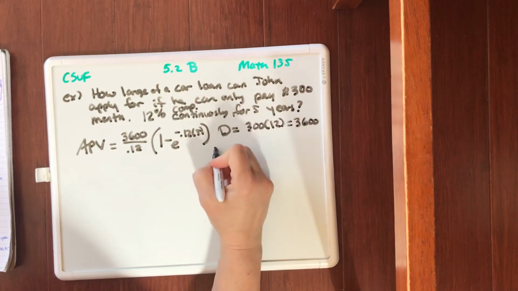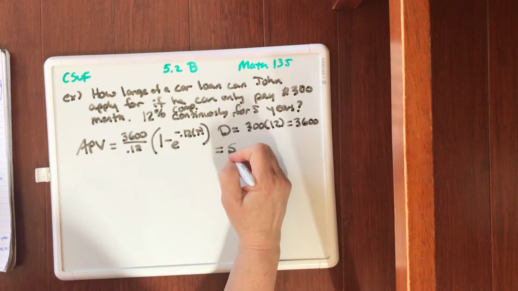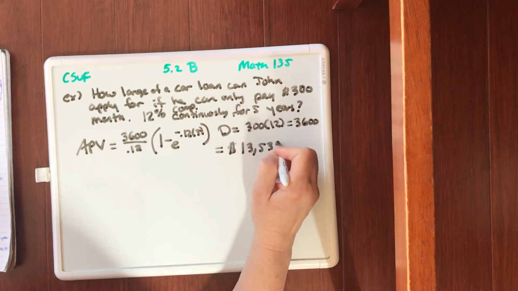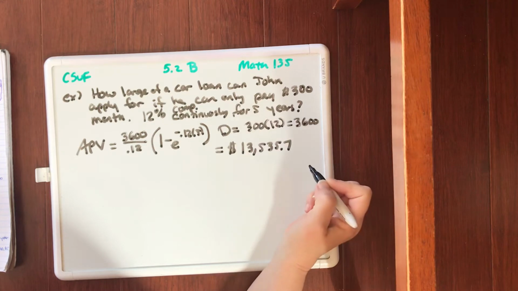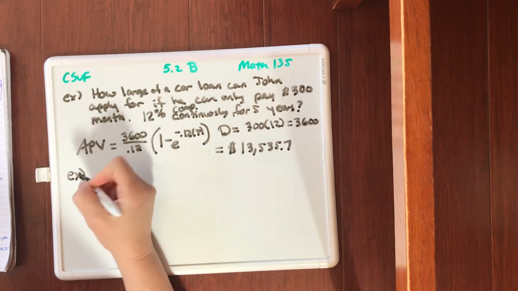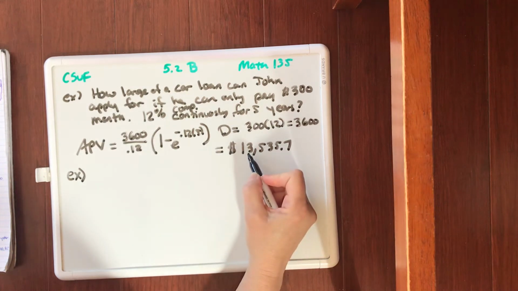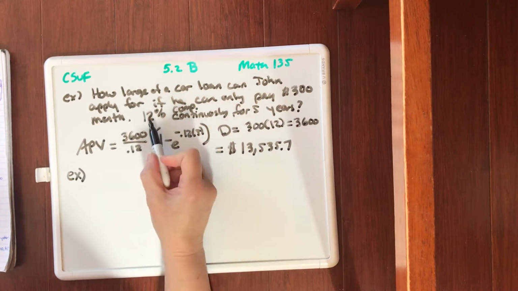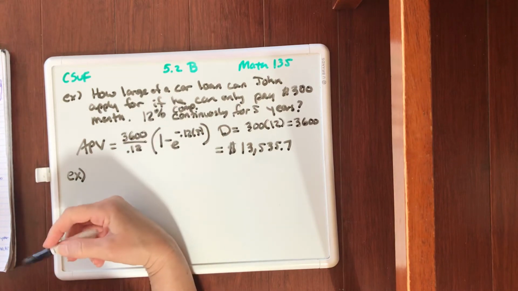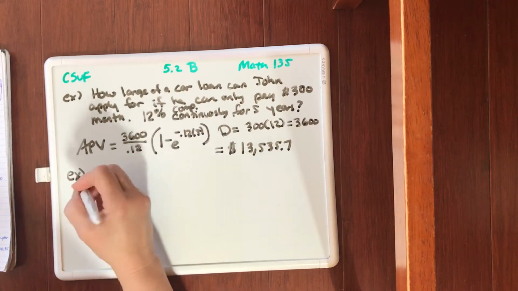When we calculate that out, that ends up being $13,535.70. I don't know what car we can get for that price these days, and we're really lucky our interest rate is not 12% and compounded continuously. This was an old problem.